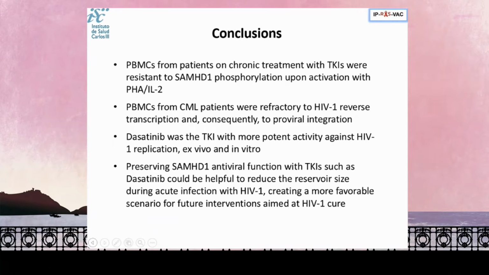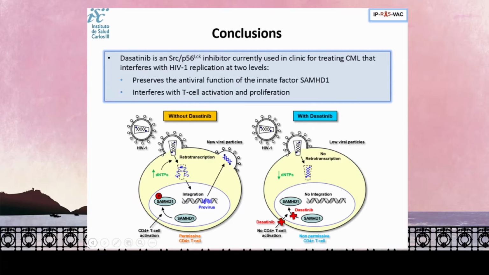And we think that preserving SAMHD1 antiviral function could be able to reduce the reservoir size during acute infection with HIV-1, and this could be mostly performed with dasatinib, that was the one that showed more potency at this level.